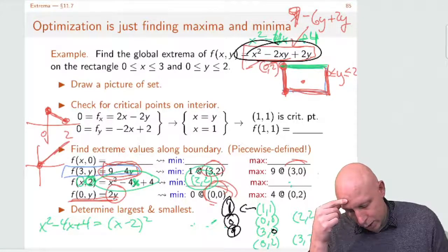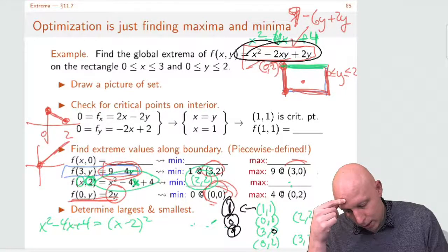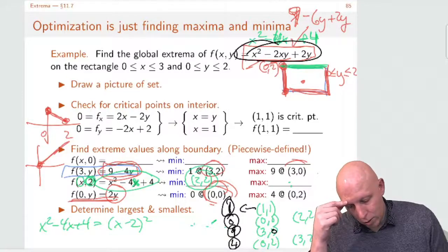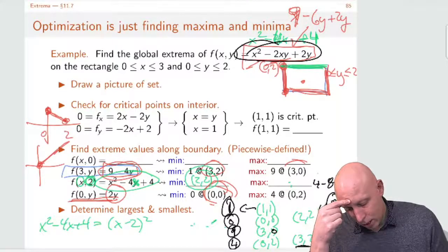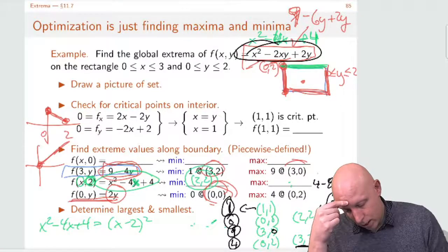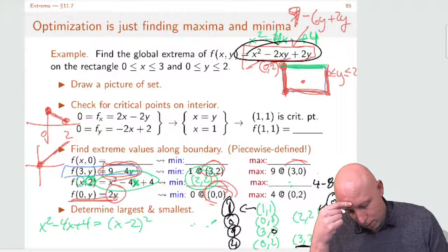When we plug in (0, 2), we get 0 minus 0 plus 4, which is 4. When we plug in (2, 2), we get 4 minus 8 plus 4, which is 0. And when we plug in (3, 2), we get 9 minus 12 plus 4, which is 1.